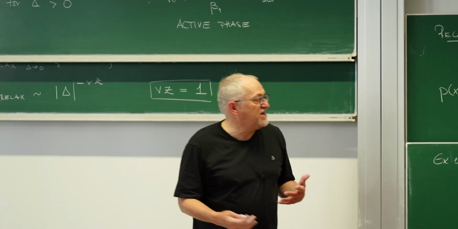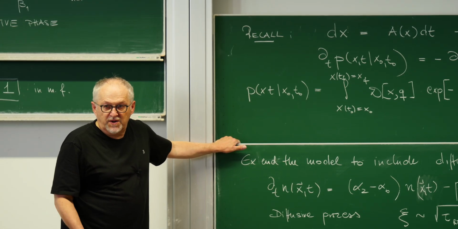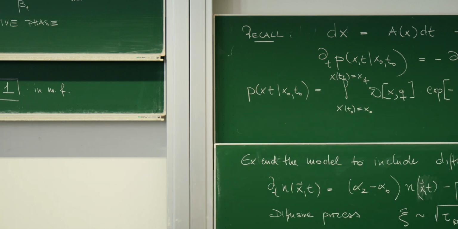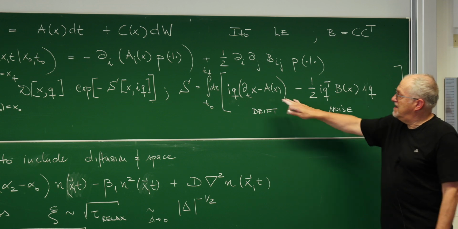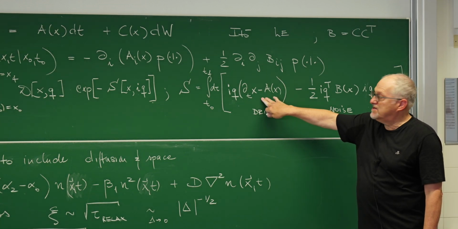And you can really think of this in a very similar fashion as you would think of a quantum path integral. In the quantum case, you have a classical path, and you have quantum fluctuations. Here you have a mean field path without any kind of stochastic fluctuations.